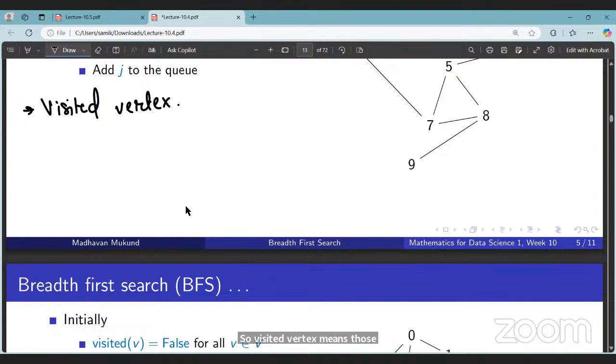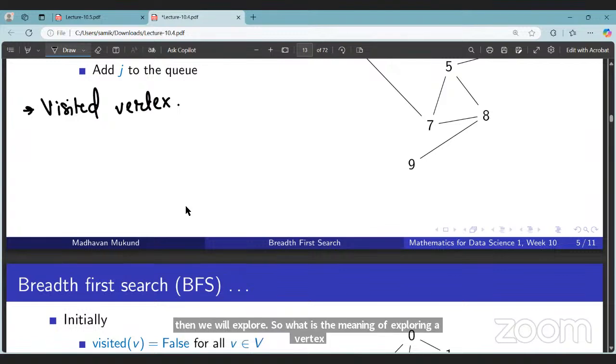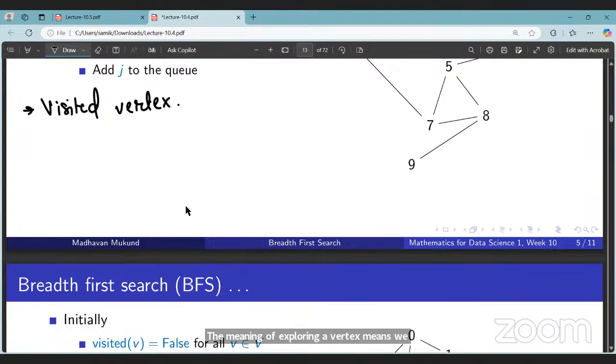In the BFS process, we start with one vertex, visit the neighbors of that particular vertex, and then explore them. The meaning of exploring a vertex is that we have to visit the neighbors of that particular vertex. All of this we'll see when we look into the example.